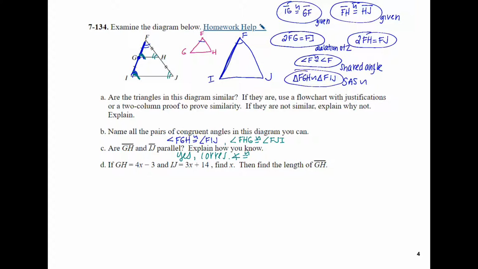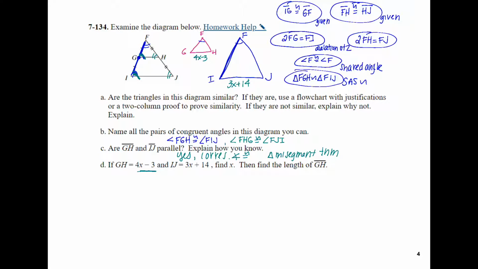This is also referred to as the triangle midsegment theorem. If GH is equal to 4x minus 3, and IJ is equal to 3x plus 14, find x.